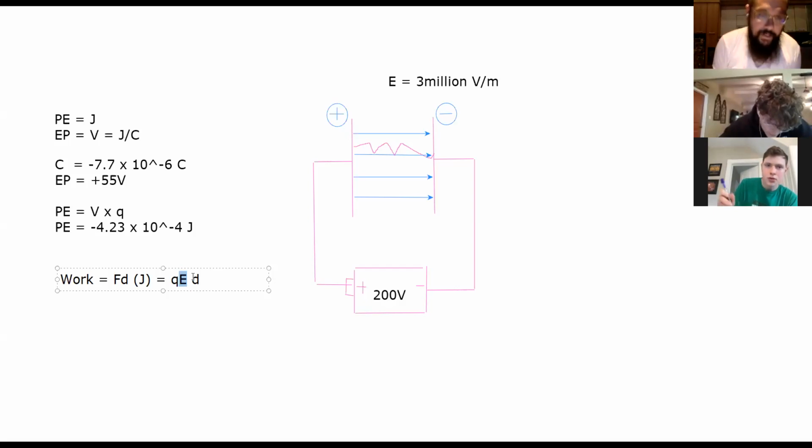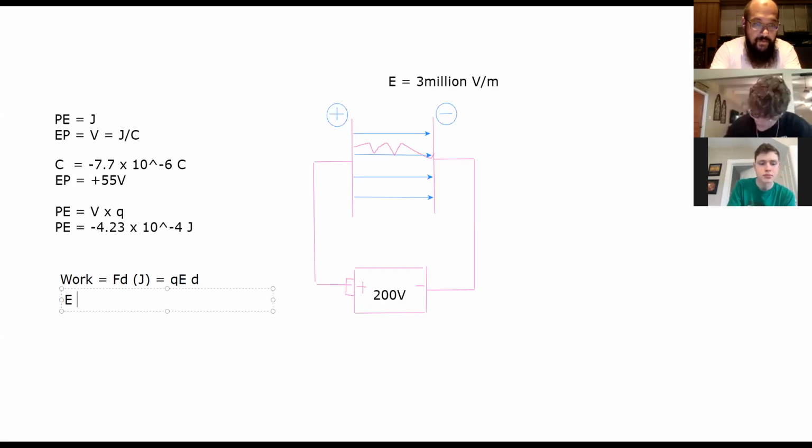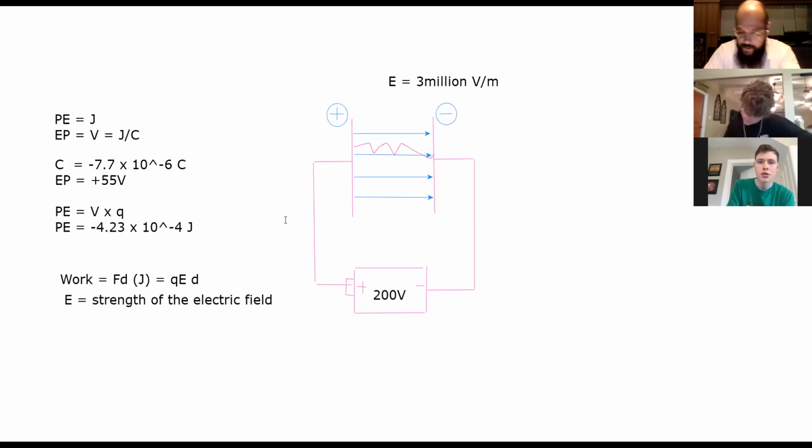Okay, so E is the strength of the electric field, which I don't think we're going to be doing much of at all.